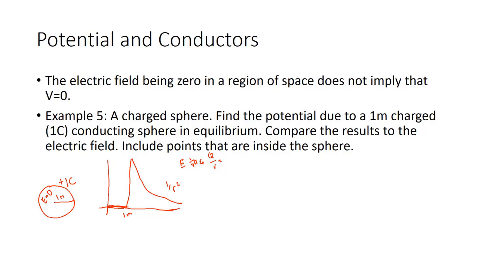For values less than 1 meter, E is going to be equal to 0. So in this case, the electric field at the surface would just be 1 over 4 pi epsilon naught times 1 coulomb divided by 1 meter squared, which is just going to be 9 times 10 to the 9th volts per meter, or newtons per coulomb. And then it's going to die off as 1 over R squared.